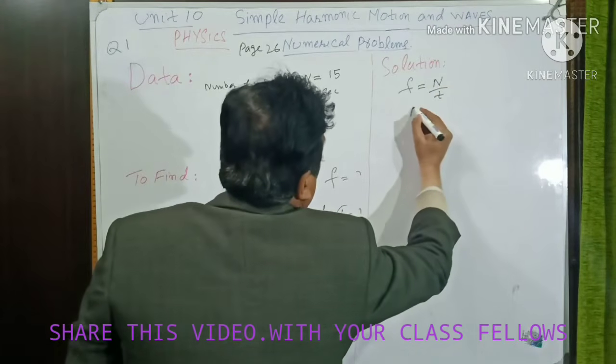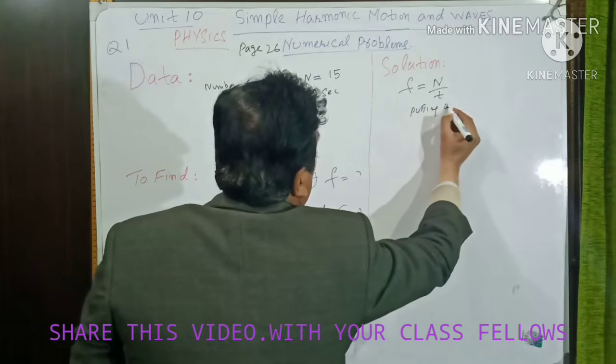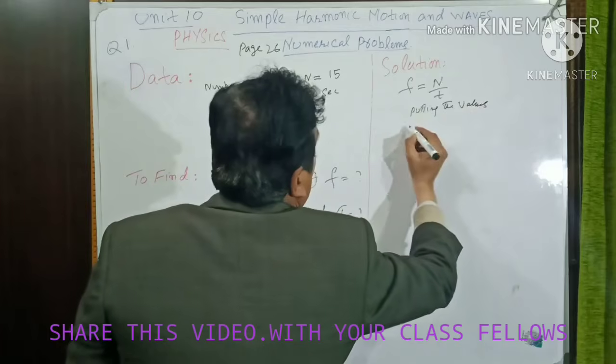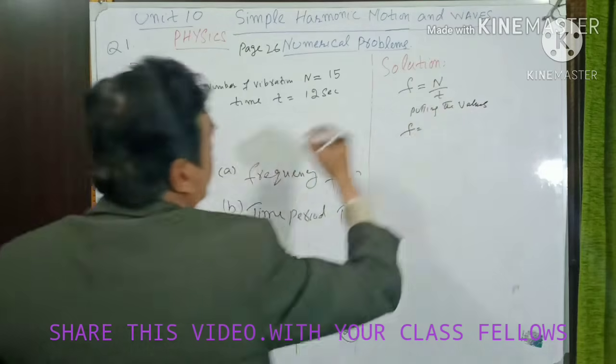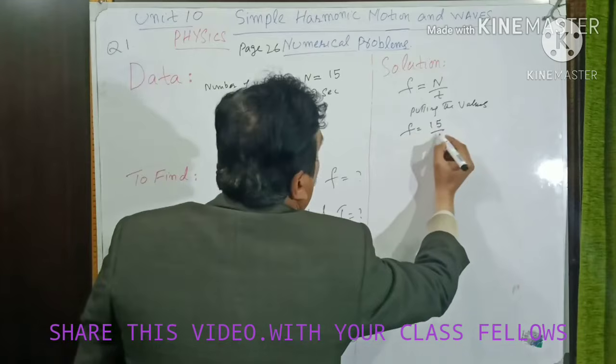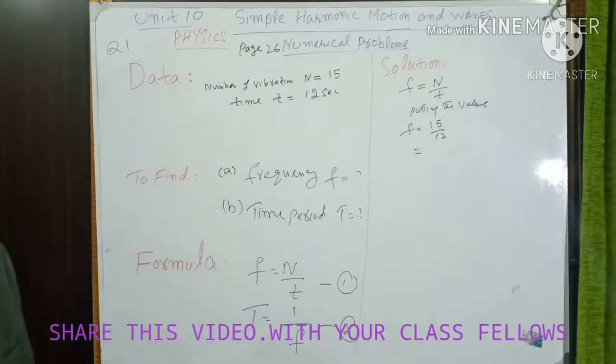Now putting the values. F is equal to 15 divided by 12.